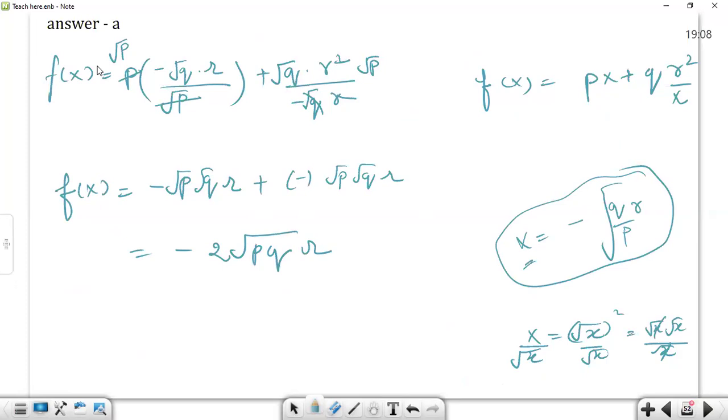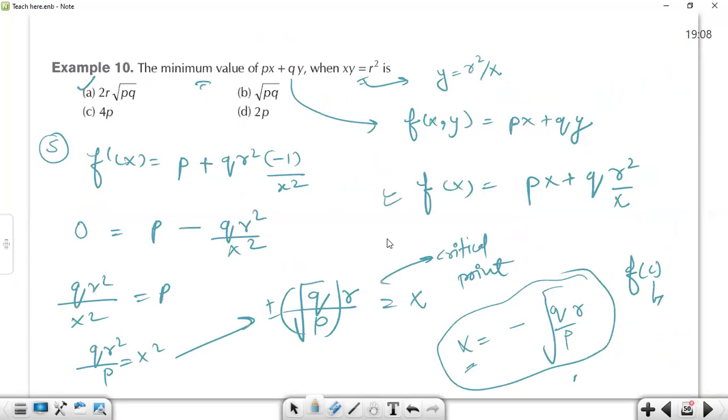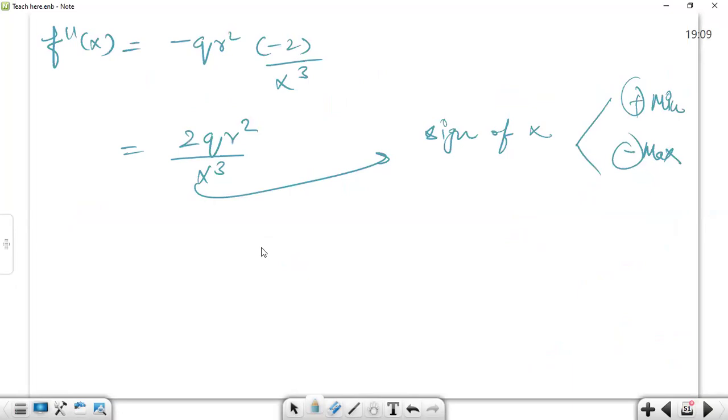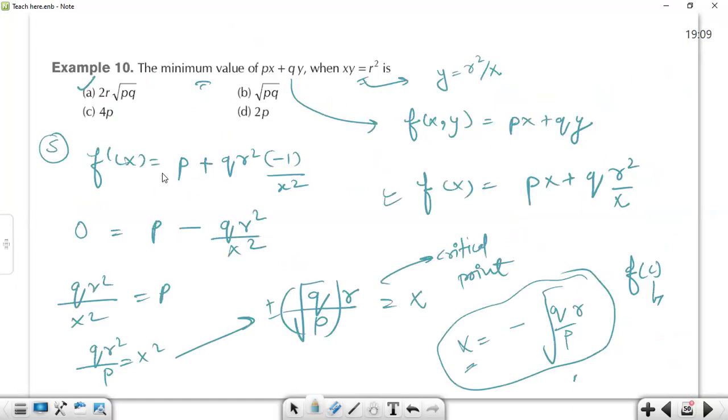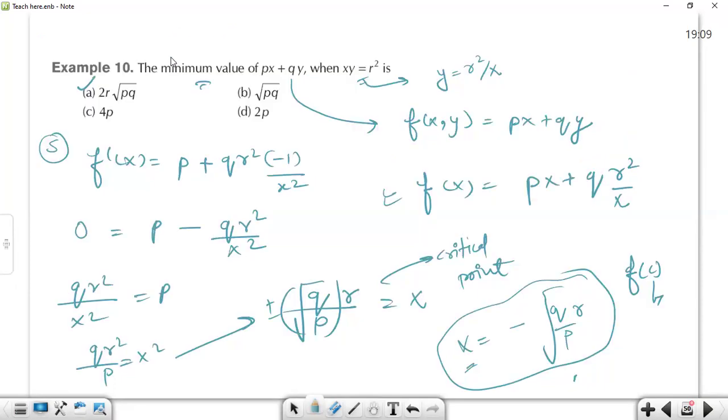So did we make any mistake? Let's check. For f dash of x, we equated it to 0, then q r squared by p is x squared. Now taking the root, there will be a plus minus value. Further, we took its double derivative, where p's derivative would be 0. For q r squared, there was a minus sign already in this, so we have applied that.